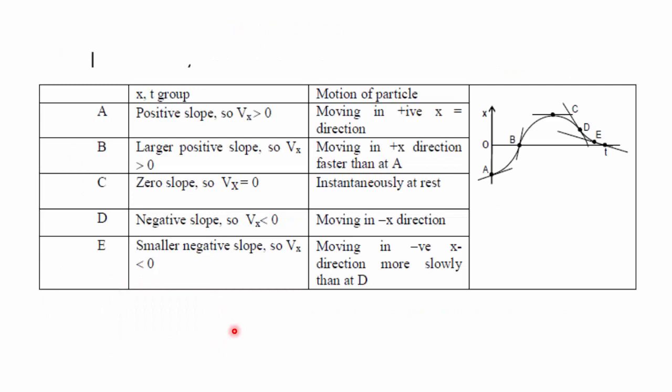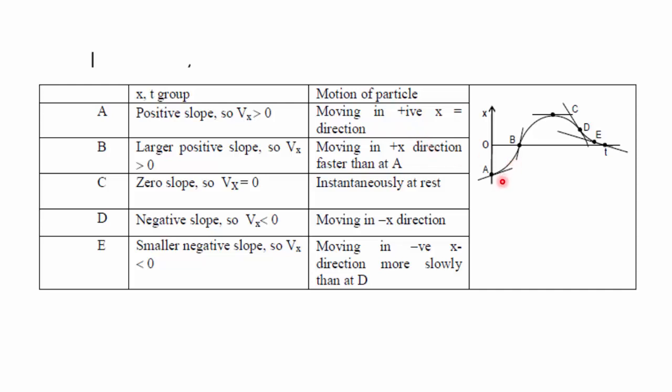So from this non-linear graph, how do you conclude the velocity? When you have a positive slope, that represents that the particle is moving in the positive x direction.